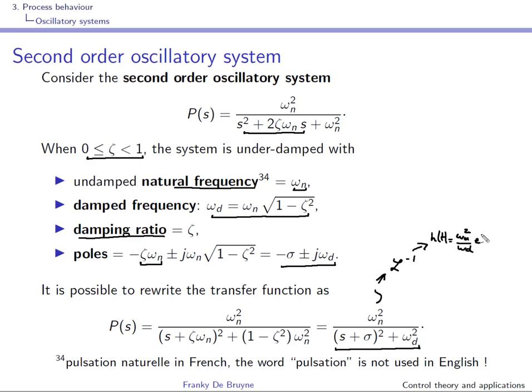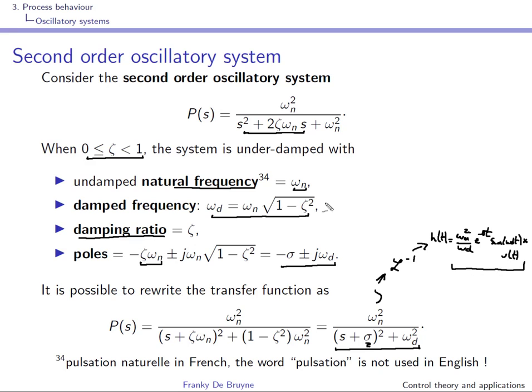Then you'll have this exponential of minus sigma t. This comes from this translation in the s domain by sigma, right? And then a sine of omega d t times u of t.